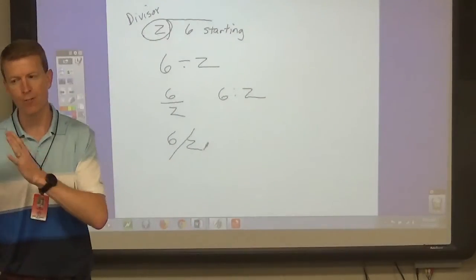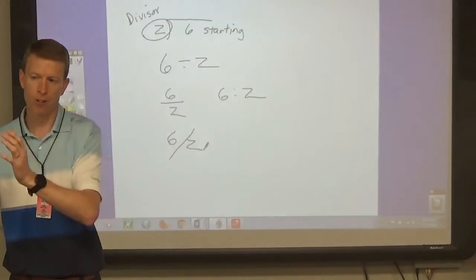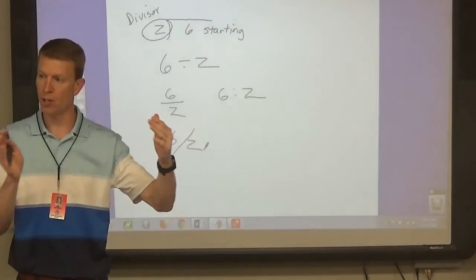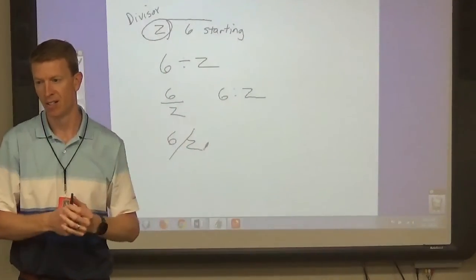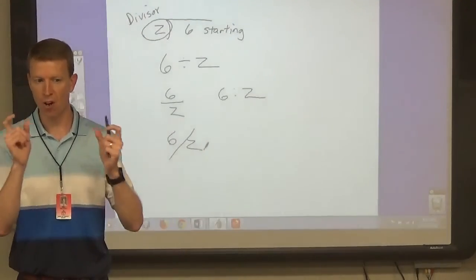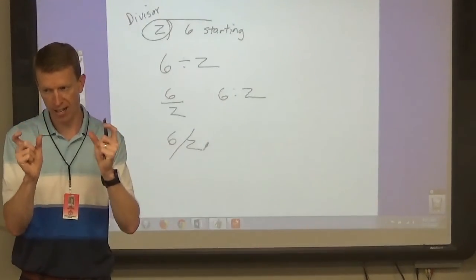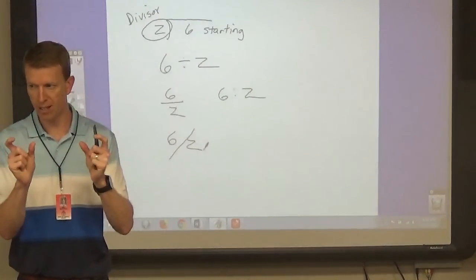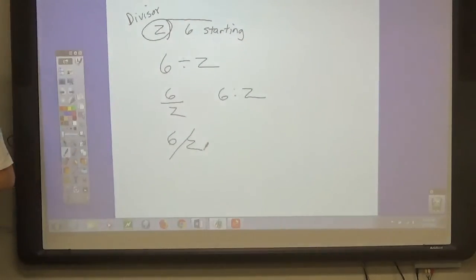The associative says if you have 3 numbers and they're all addition, then you can add the first 2 and then the third one, or you could add the second and the third one and then add the first one. So it's a little bit different that way. As long as they're both adding or both multiplying, then you can multiply or add them in a different order.